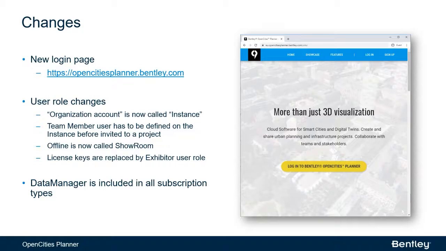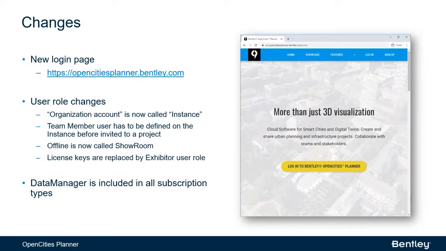One of the most apparent changes is that there's a different login page. So you go to opencitiesplanner.bentley.com, and the landing page looks different and everything. But then there's some changes in naming and how user roles work.